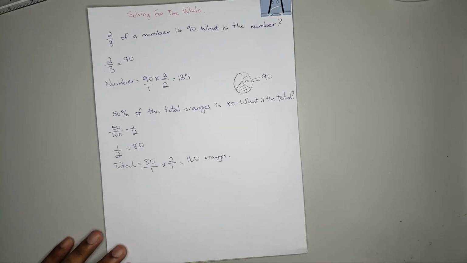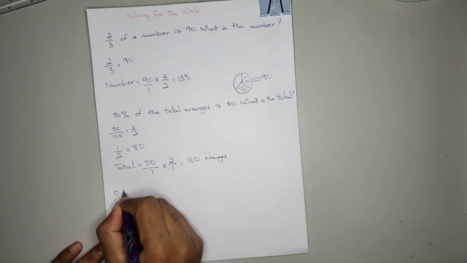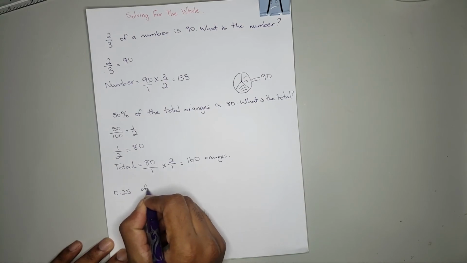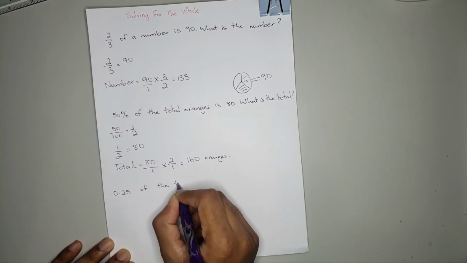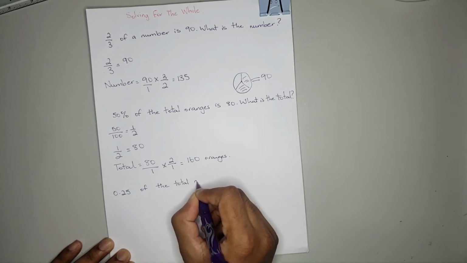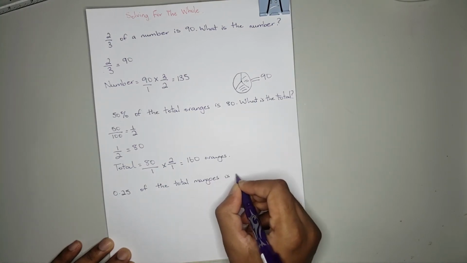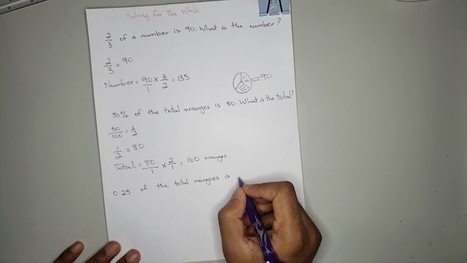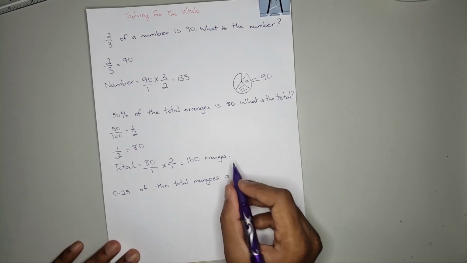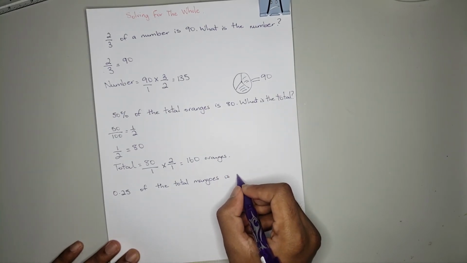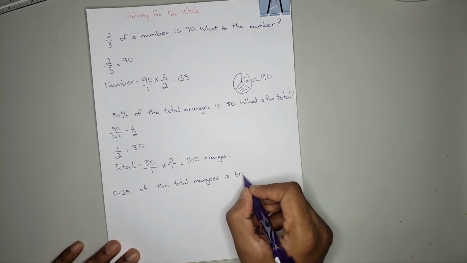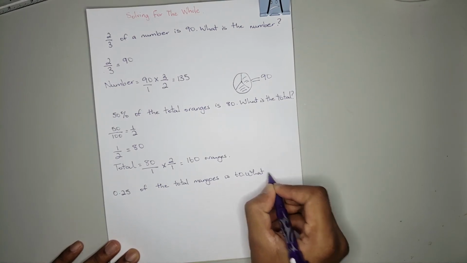If they had given it in decimals, say they had given 0.25 of the total mangoes is, let's say, 60. And I want to calculate what is the total.